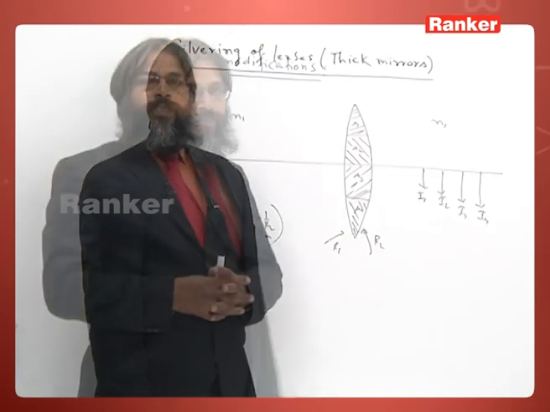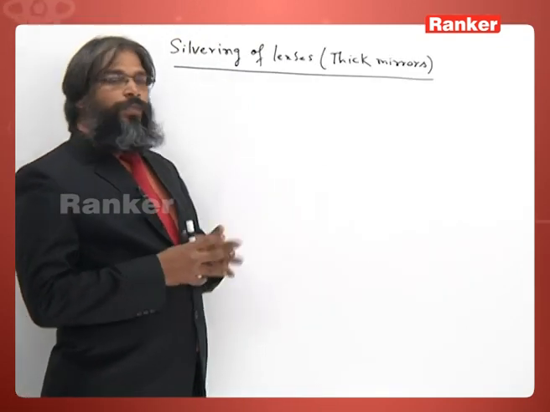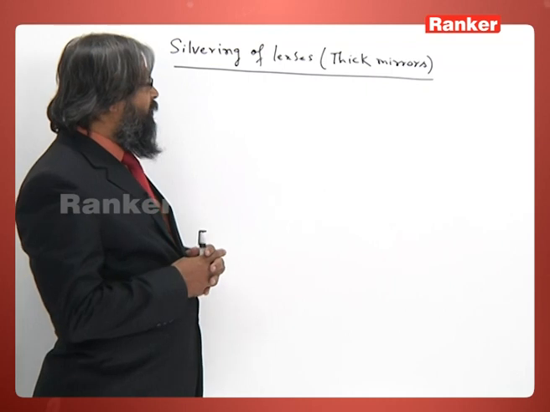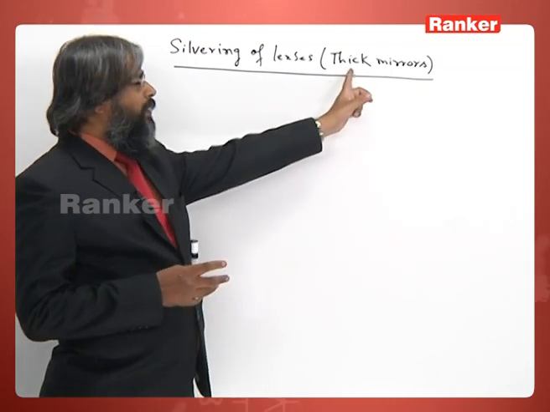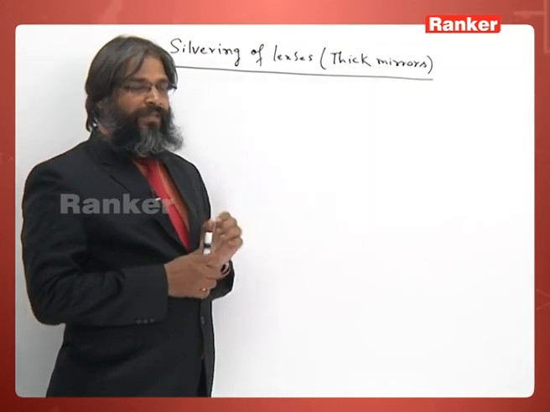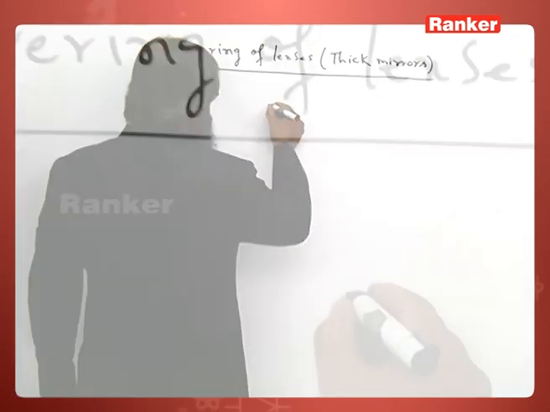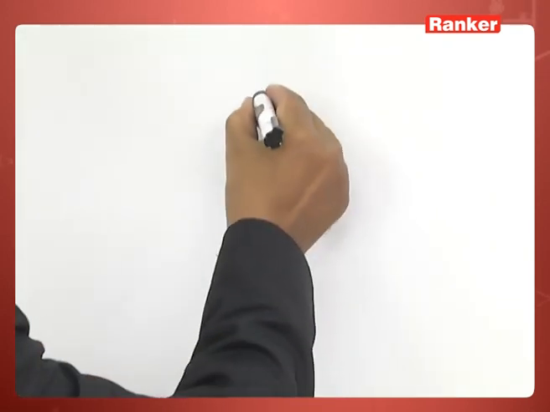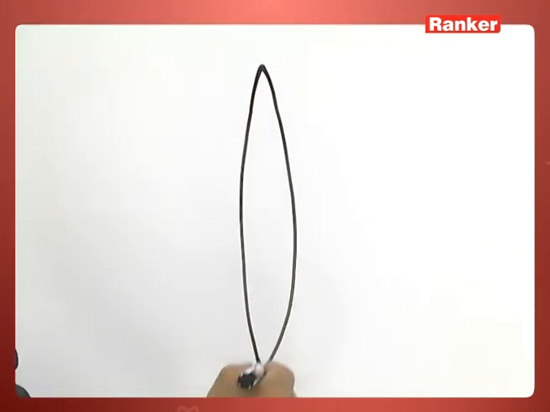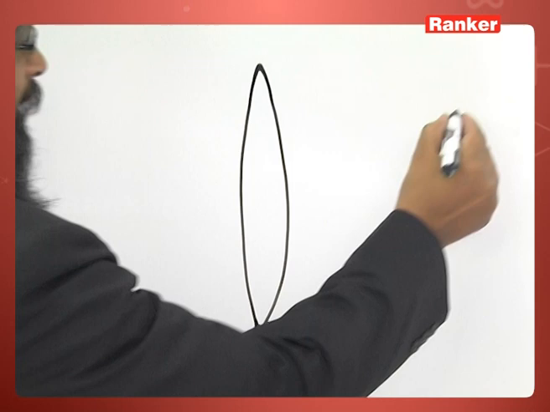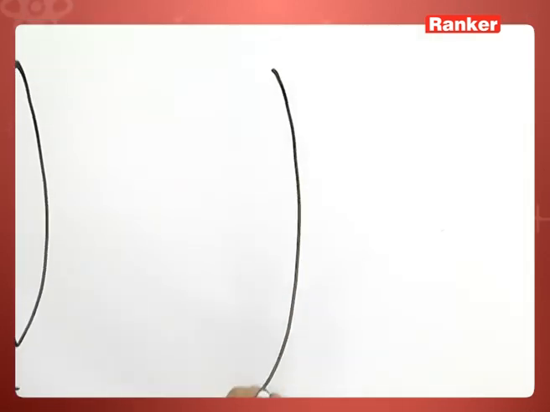Now, let us come to silvering of lenses or theory of thick mirrors. Suppose we had a problem in which I had a converging lens L here, and a mirror here.